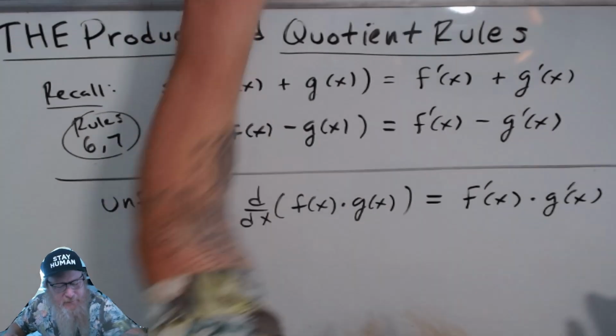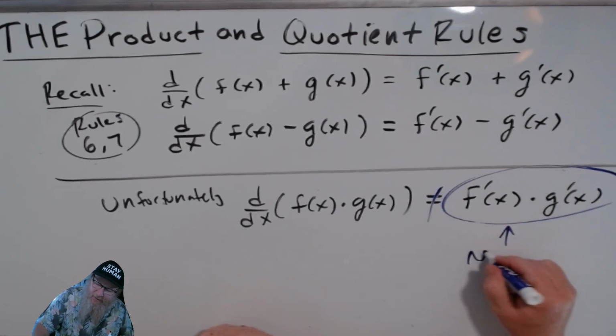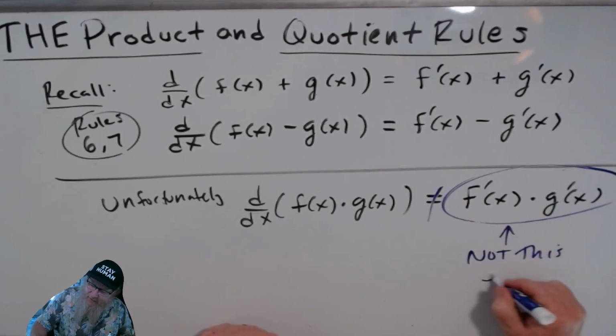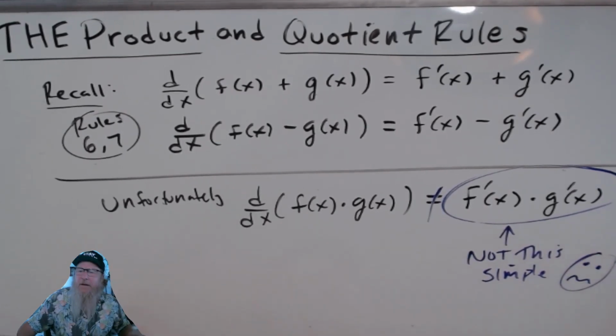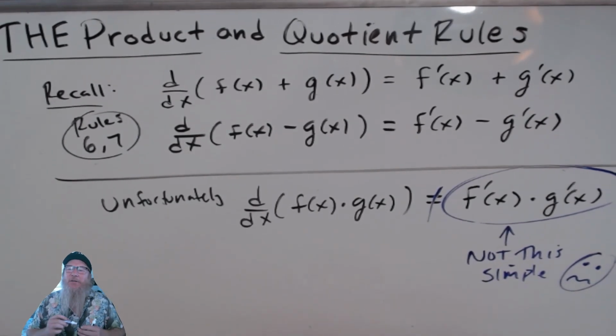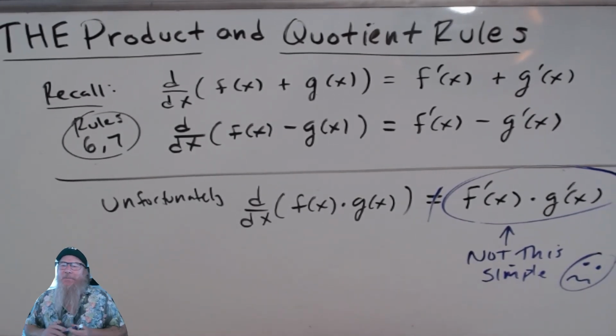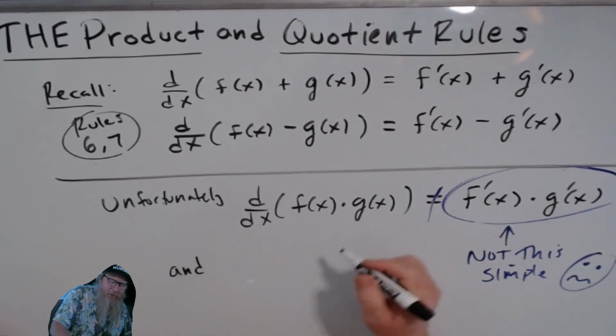If it was that simple, I would have given it to you along with the other rules. But this rule will not be that straightforward, and the quotient as well.